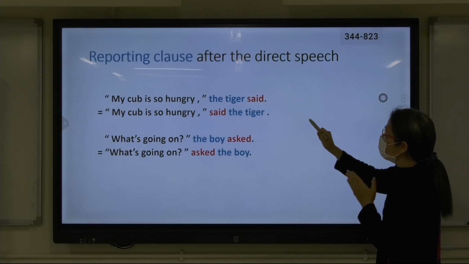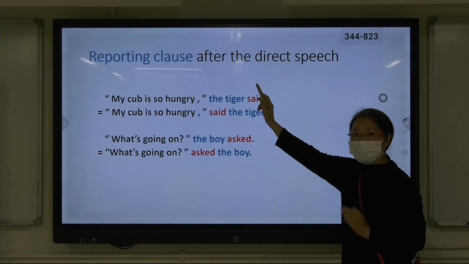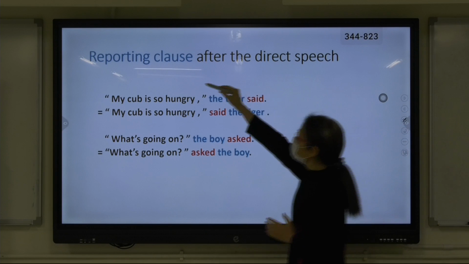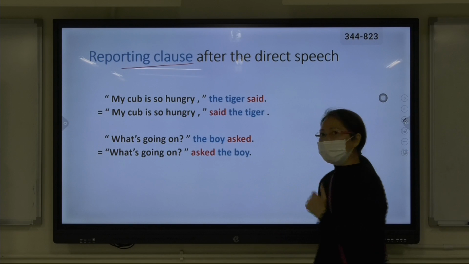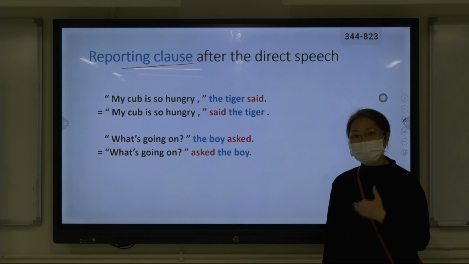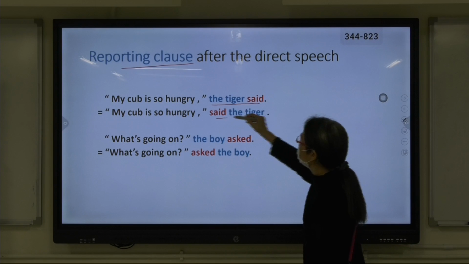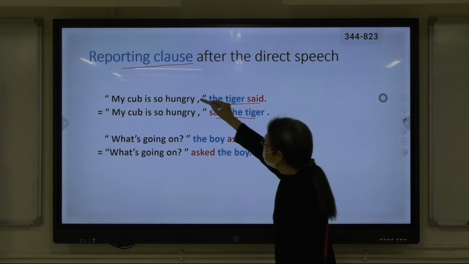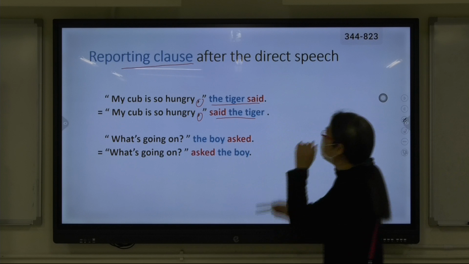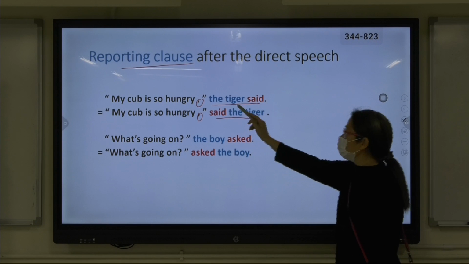When we use the direct speech, and if we put the reporting clause after the direct speech, remember, we can write it in different ways, but they mean the same. Do you still remember? For a statement, we use a comma here. This one: "My cub is so hungry," the tiger said.